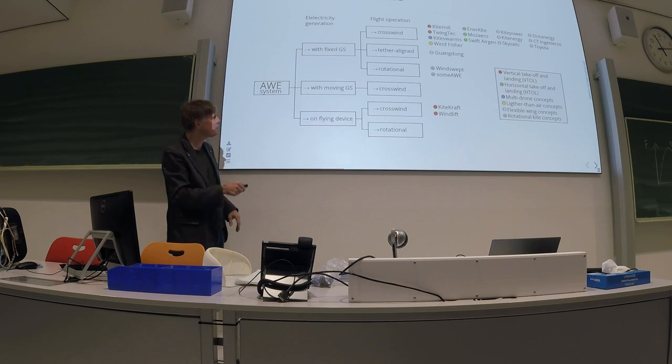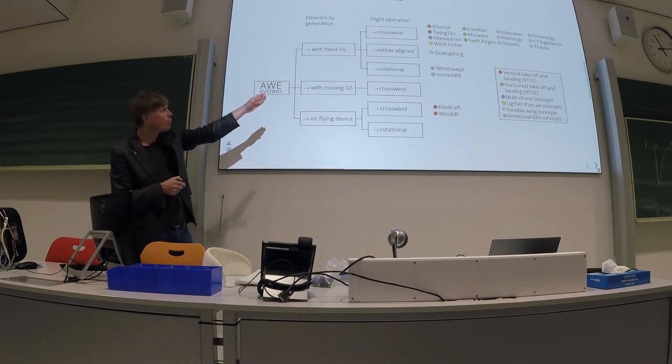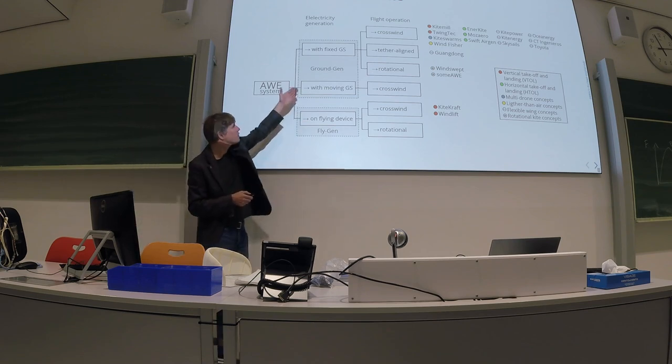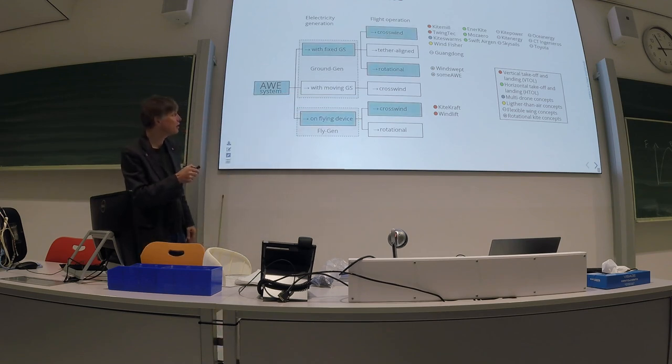And then we split off further into crosswind or no crosswind or rotational. So this is fly gen, ground gen, and I want to basically go through these tracks.